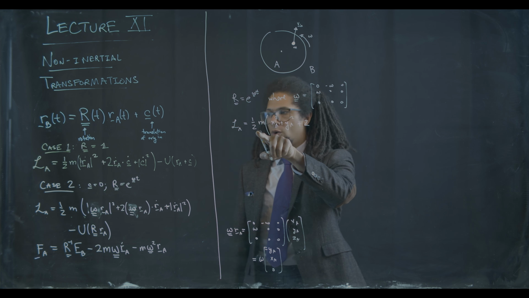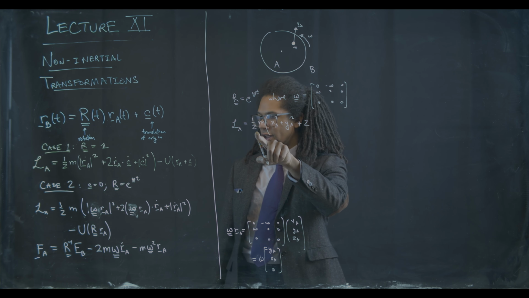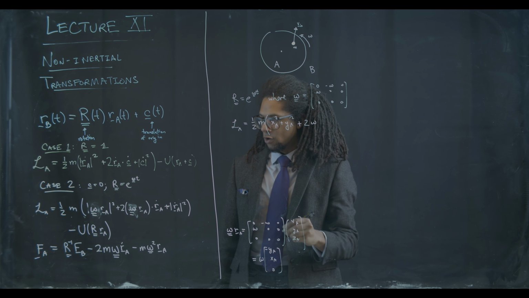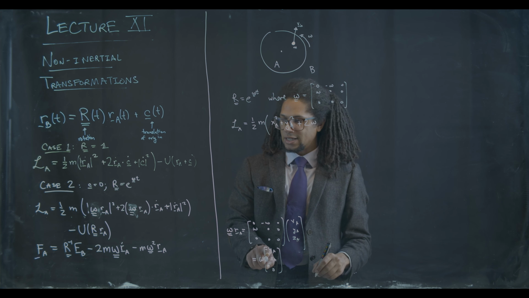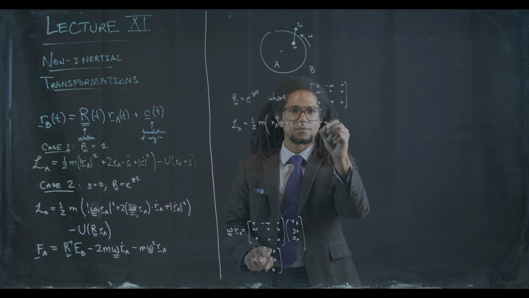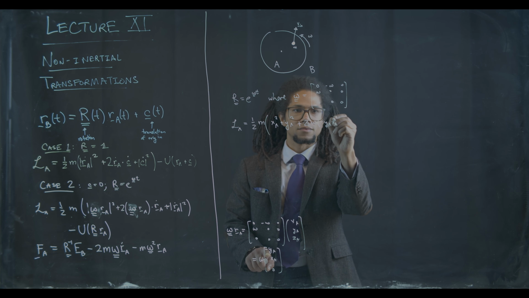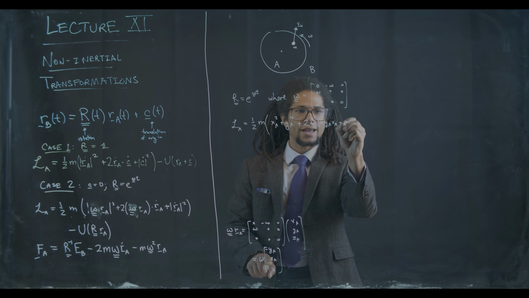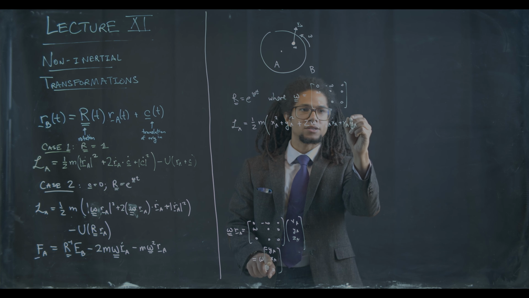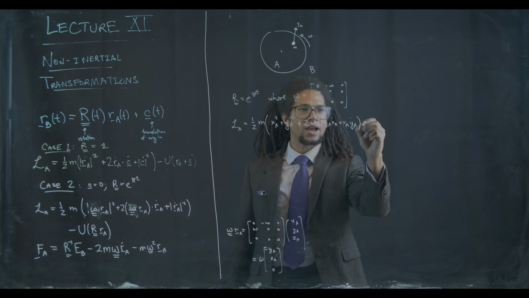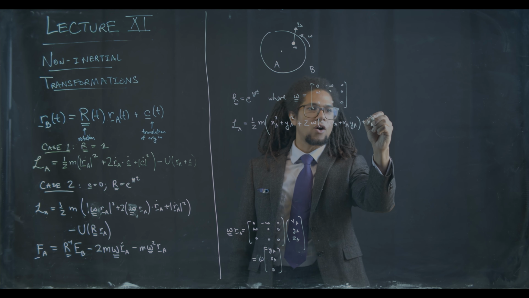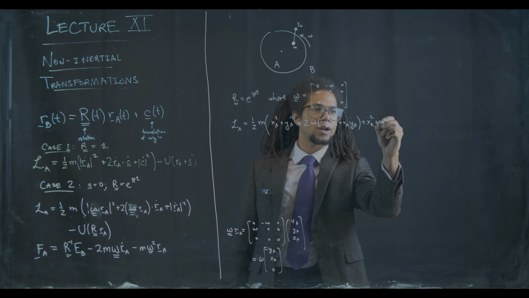I'll keep the 1/2 out here. That's okay for now. But anyway, I'll pull out my omega. Then I get minus Y_A times X_A dot plus X_A Y_A dot, okay? And then lastly, I have my sort of term that I always expect, X_A dot squared plus Y_A dot squared.